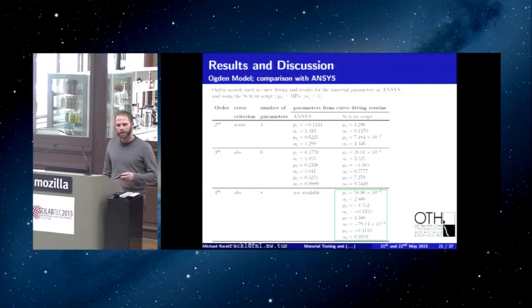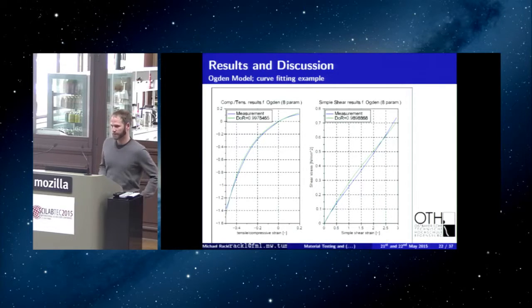Now, I guess everybody's able to see that those are not the same, and I will come back to that on a later slide. Just for now, have a look at this model right here, and the comparison shown between the measurement in blue and the result from our model. The connection is really, really close.